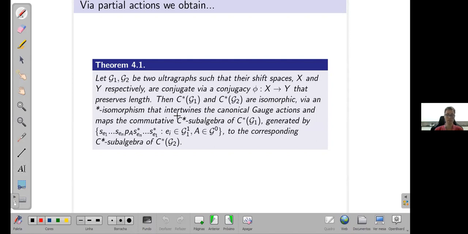I didn't say, but there are Leavitt path algebras of ultragraphs, so they're also interesting to study. Although Leavitt path algebras of ultragraphs and the C*-algebra are always Morita equivalent to the C*-algebra of a graph or infinite matrix, they are not isomorphic. So they're examples of algebras that are not isomorphic, and it's interesting to see what holds there, of course, apart from Morita equivalence.